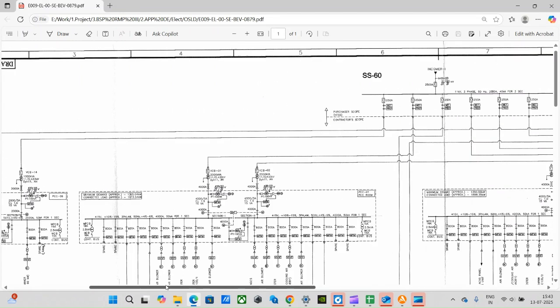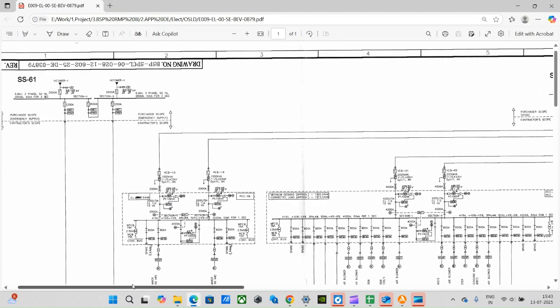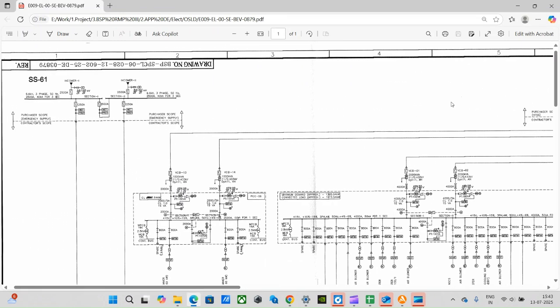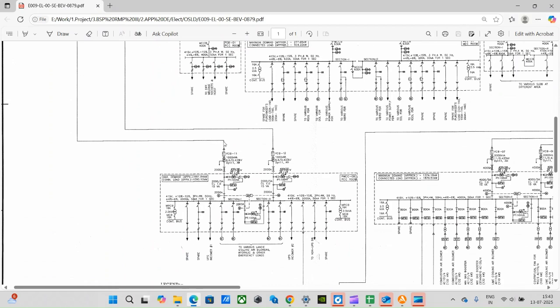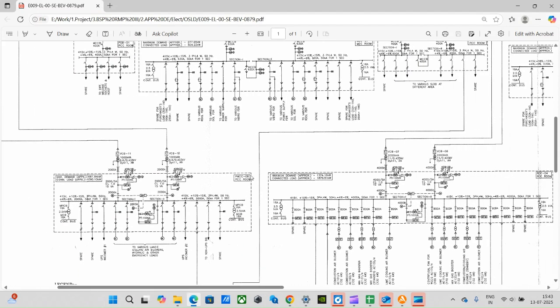Now, for this project we had power from three substations, and from there, for example from 61, the power goes through these cables and enters this dotted box, which means the panel. The name of this panel is PMCC 08.